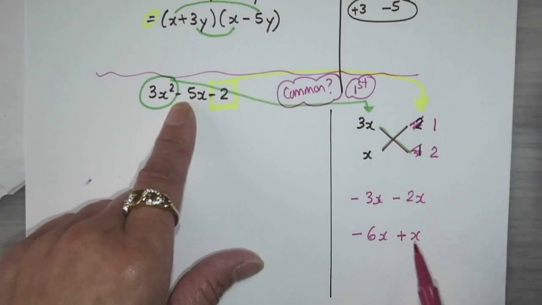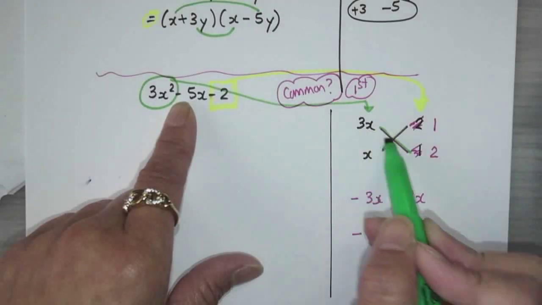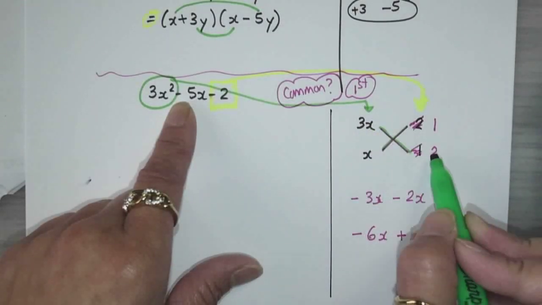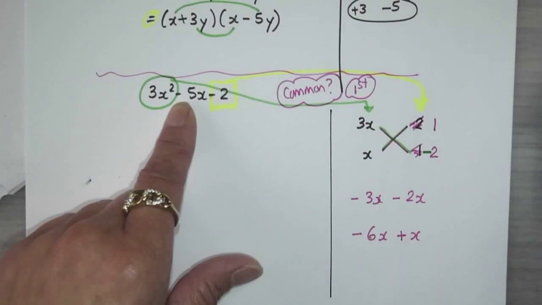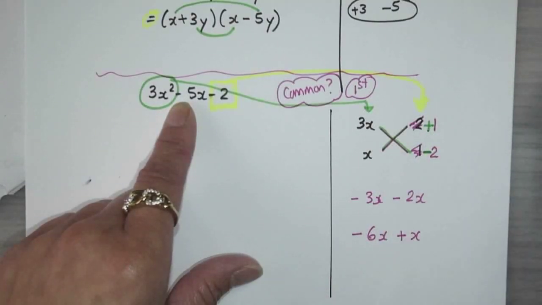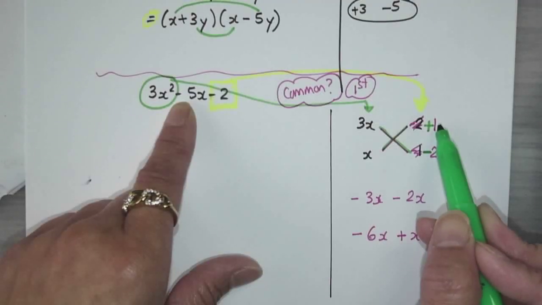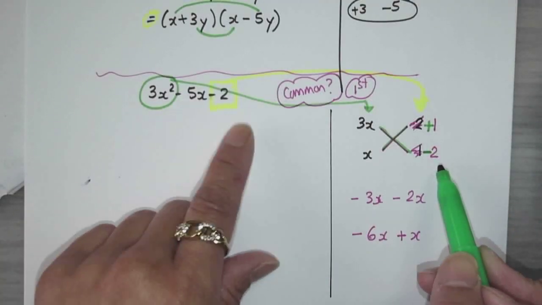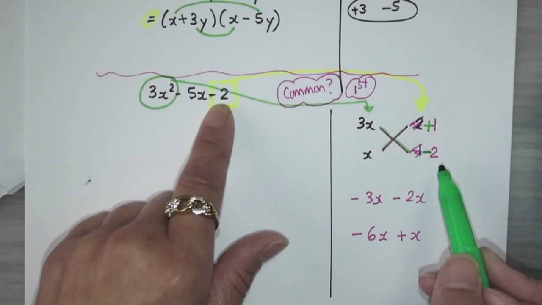Okay, negative 6x. Now wait, watch this. So where do I put the negative 6x? That's this row. I did 3 times 2, which got me negative 6x, and then x times 1, which was the positive. Okay, positive 1 times negative 2. Does that get me my last term? Yes.